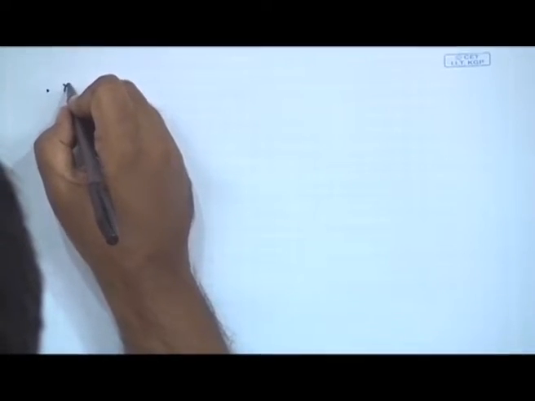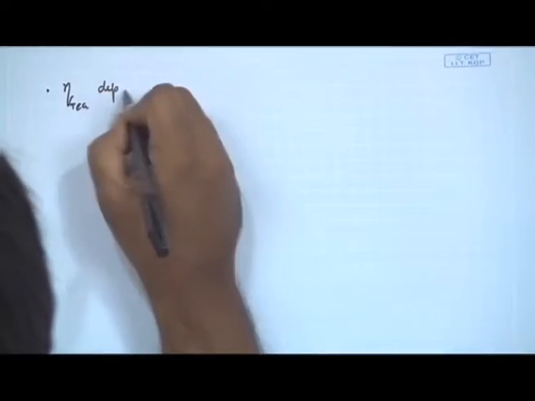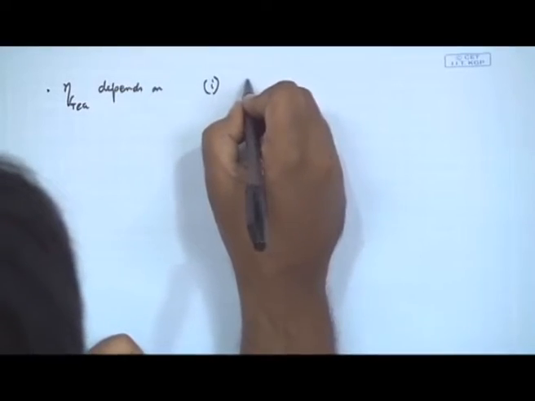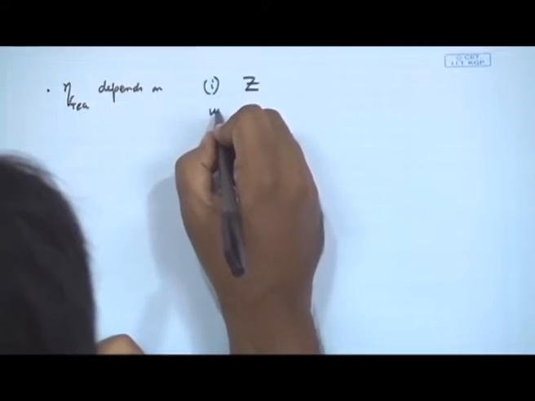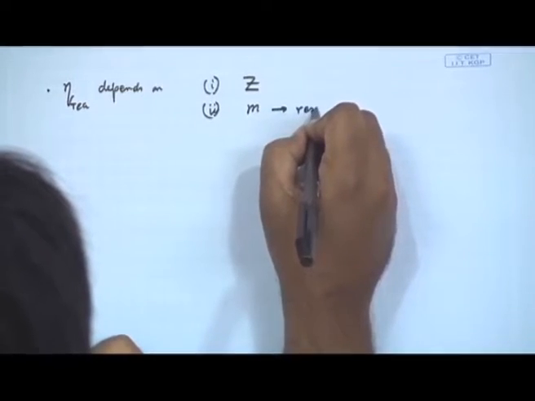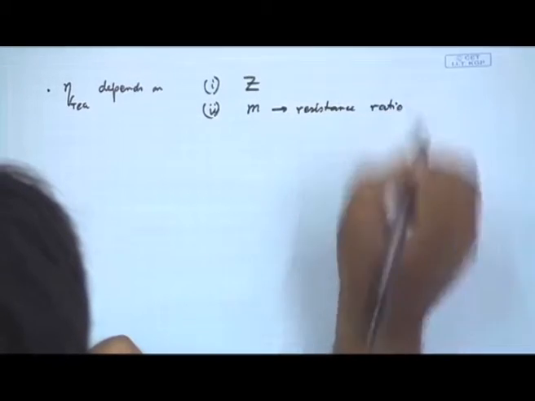So, let us do that and see what we get. I would say that eta TEG depends on 1, Z and 2, M, which is again the resistance ratio. Clear?